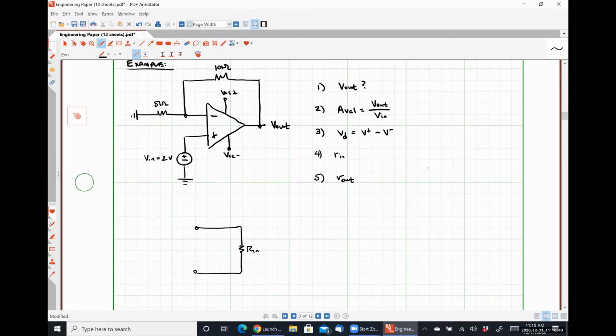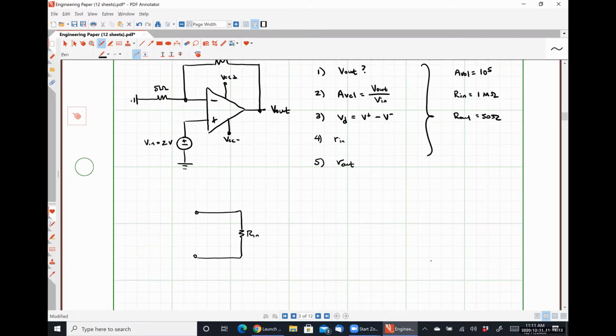So we're going to solve for all of these under the conditions that AVOL is 10 to the 5, Rin is 1 mega ohm, and R out is 50 ohms. So these are the parameters of our op-amp. This is pretty similar to what you would see for a general purpose op-amp like the uA741 op-amp created by Texas Instruments.